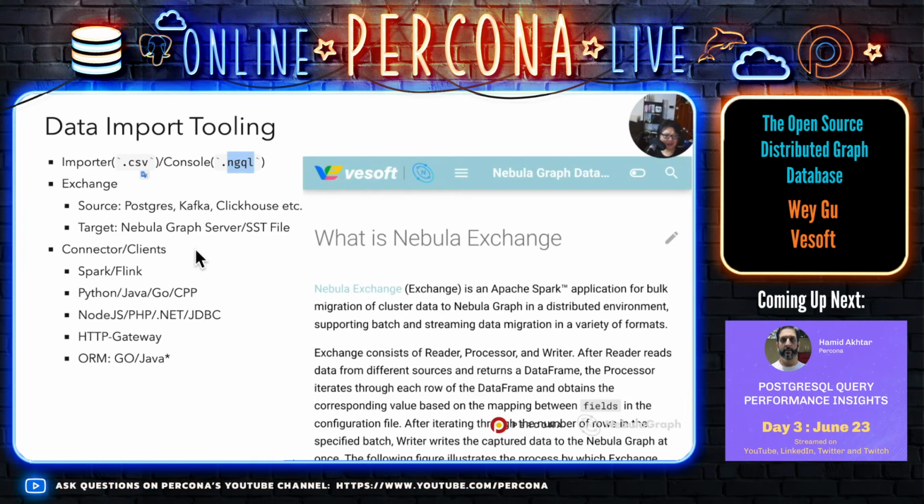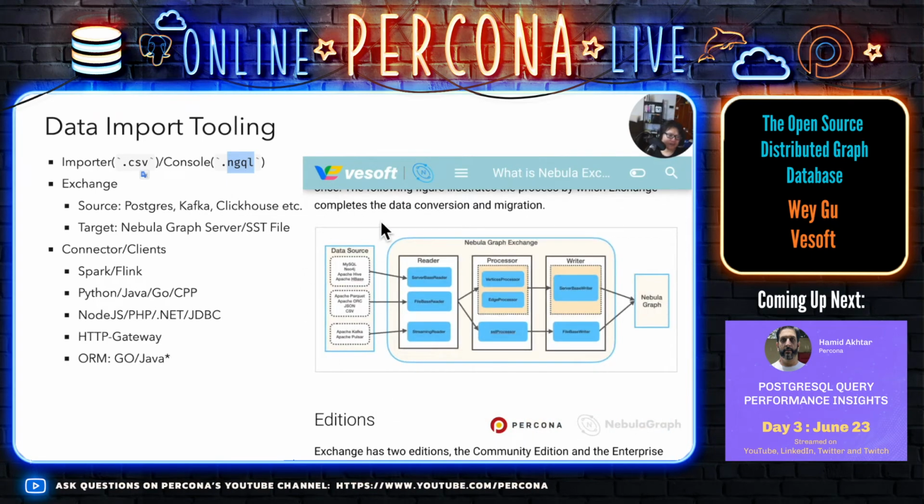Besides supporting different data sources, Exchange can write to Nebula Graph in two ways. One way is server based, so it just makes DML write queries towards Nebula Graph. The other way is ingesting the underlying SST files. When you use this capability, you actually sideload the data.